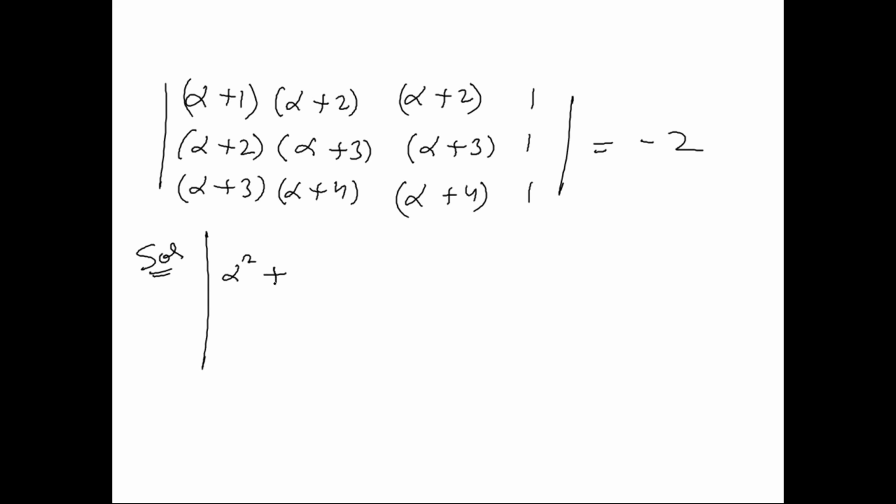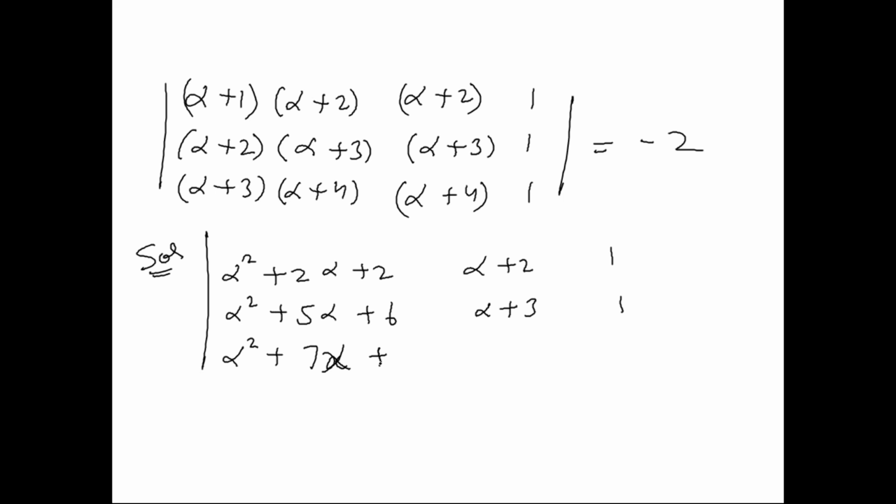This becomes alpha square plus 2 alpha plus 2 alpha plus 2, 1; alpha square plus 5 alpha plus 6, alpha plus 3, 1; alpha square plus 7 alpha plus 12, alpha plus 4, 1.